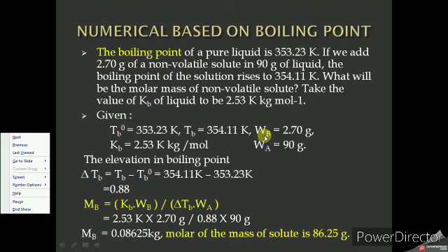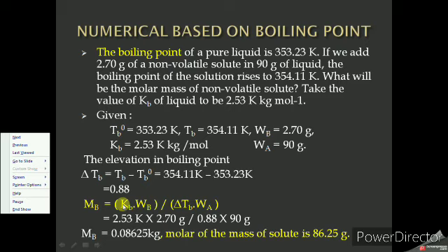So first write down the elevation in boiling point: delta Tb is equal to Tb minus Tb0, boiling point of solution minus boiling point of solvent, 354.11 Kelvin minus 353.23 Kelvin. So your answer is 0.88 Kelvin.